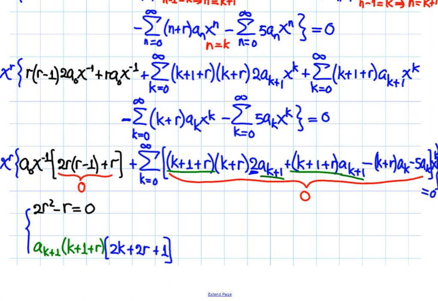The next two terms, there's a sub k in common, so we will factor it out. Minus a sub k, and then we have k plus r plus 5. That has to be equal to 0 as well.